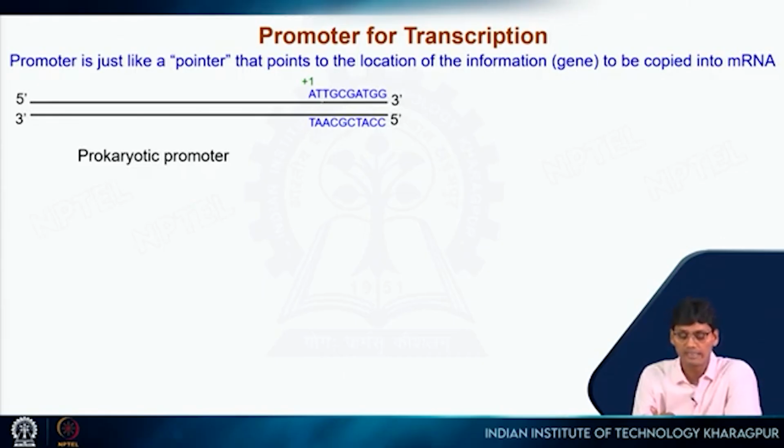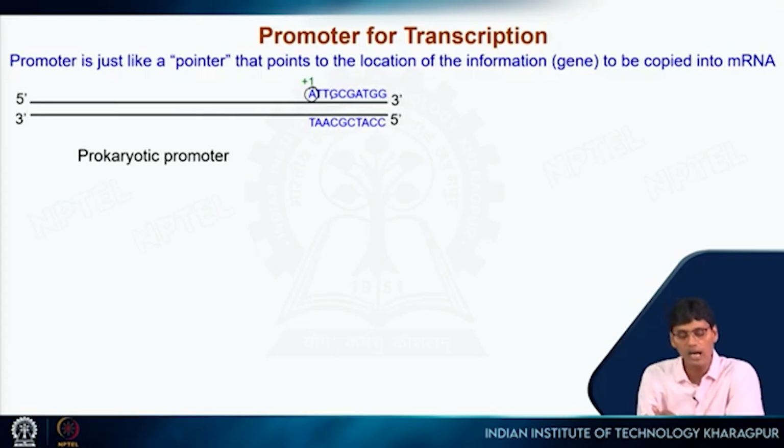So here the starting point of the gene, as you can see, is this A. The first nucleotide of the gene we denote as the +1 site. Then the next nucleotide T here is +2, +3, it will go on like this.